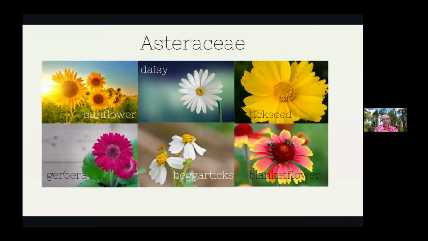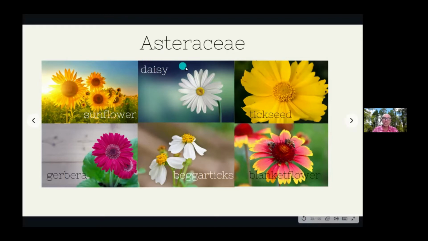Here we have a scientific group of plants, flowering plants, that are in a nice, discrete scientific subset of the flowering plants. And this is a family of plants within the Asteraceae.